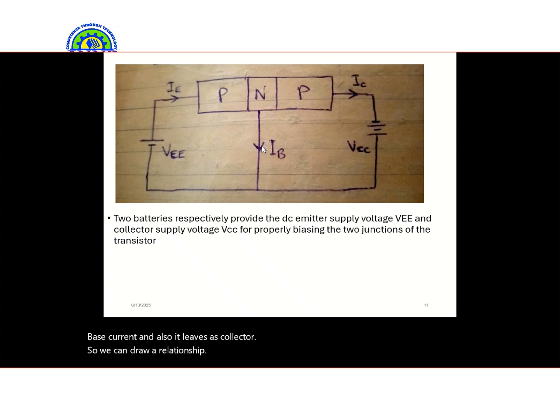Emitter current is equal to base current plus collector current.